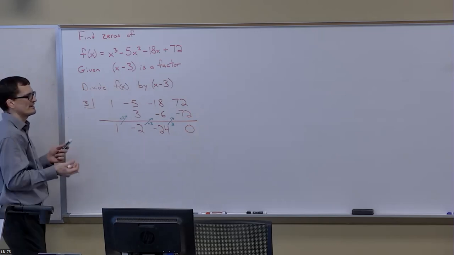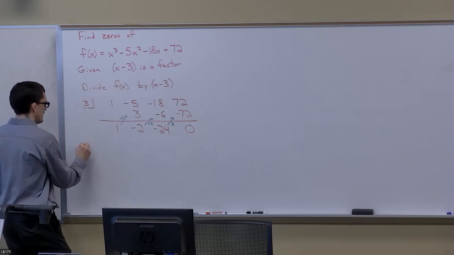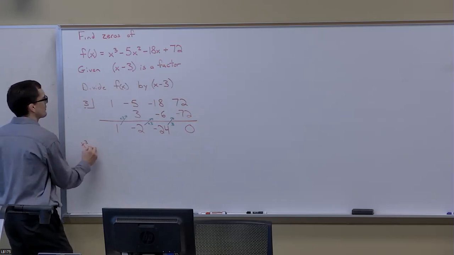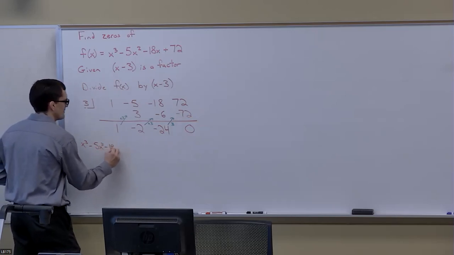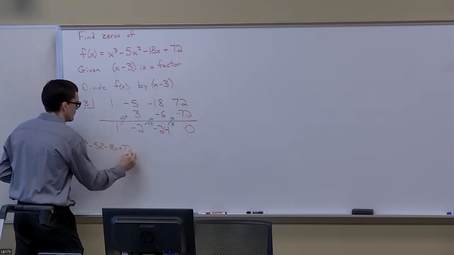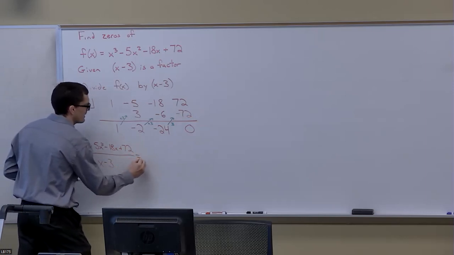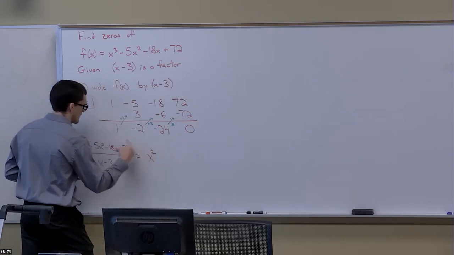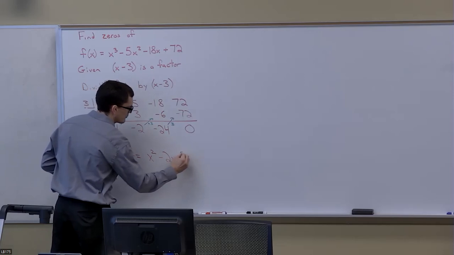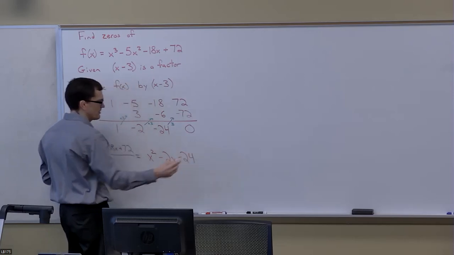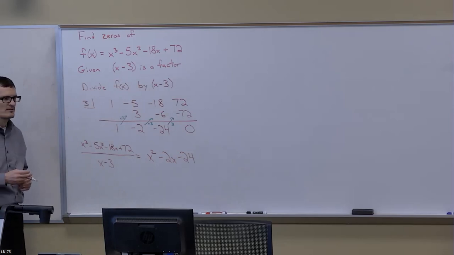Now I could write the answer here as a division problem. I could say x to the third minus 5x squared minus 18x plus 72 divided by x minus 3 is equal to x squared minus 2x minus 24 plus remainder 0. I don't have to write remainder 0 if I don't have a remainder.